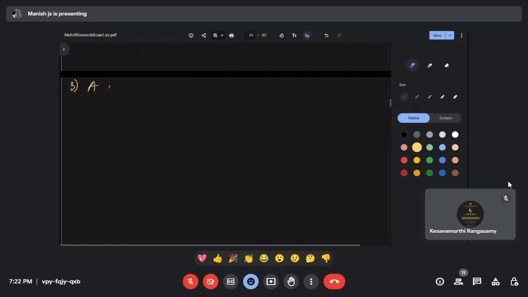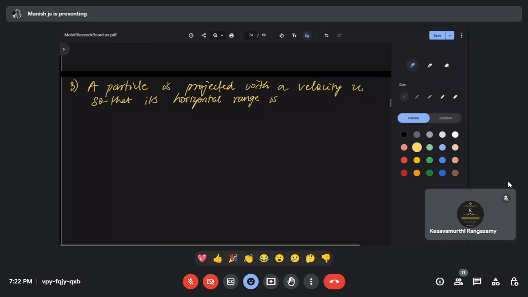A particle is projected with a velocity u, so that its horizontal range is twice the greatest height attained.